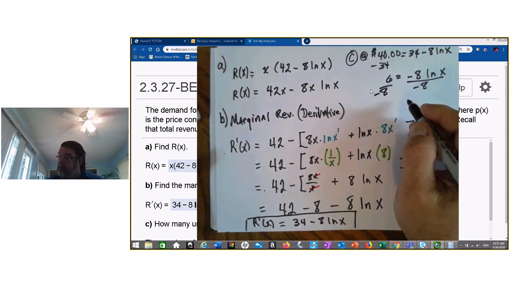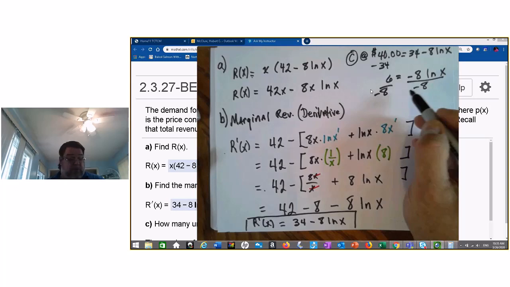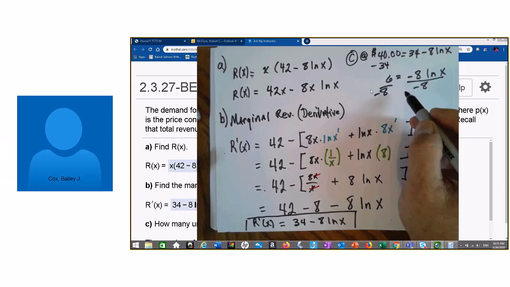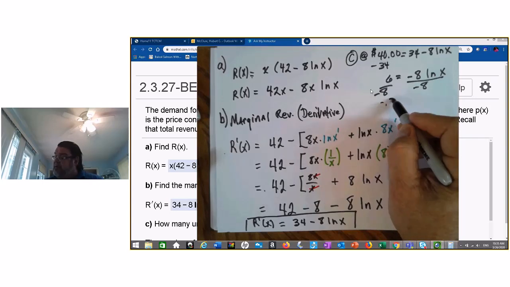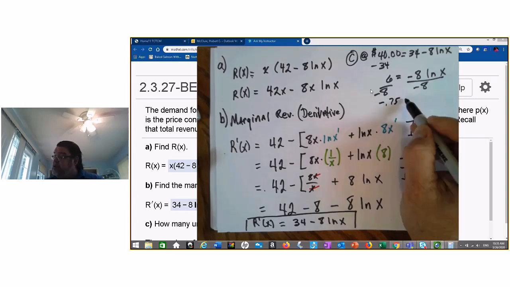Y'all check me. 3/4. Negative 3/4. Negative 0.75 is equal to natural log of x.